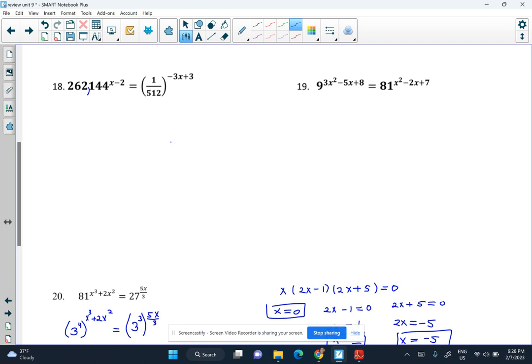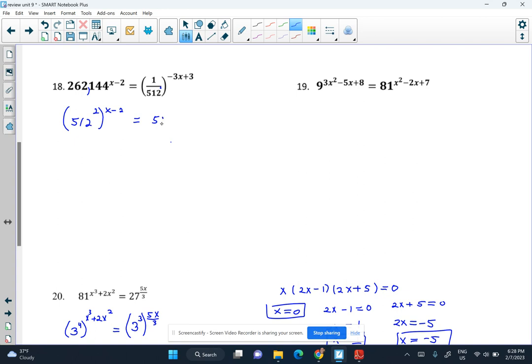It matched. It turns out that I lucked out that 262,144 is the same thing as 512 squared. And now I'm going to raise that to the x minus 2. For the right-hand side, I notice that 512 is under 1. Remember, there's an invisible 1 here. And I really want to have a plain base of 512.